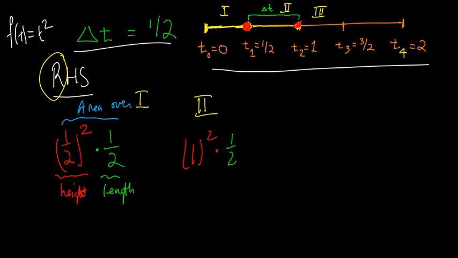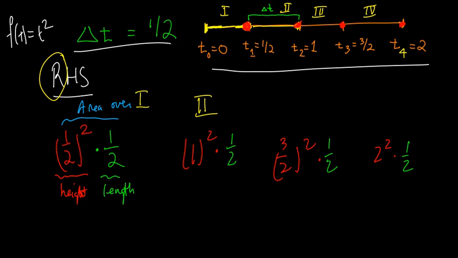We're going to do the same thing. In this case, the right endpoint is 3 halves. So let's plug 3 halves into the function. The function tells us to square it, and then we multiply by the length, 1 half. And finally, we go on to region 4, and we see that the right endpoint is 2. So we plug 2 into the function. The function tells us to square it, and we multiply by the length.